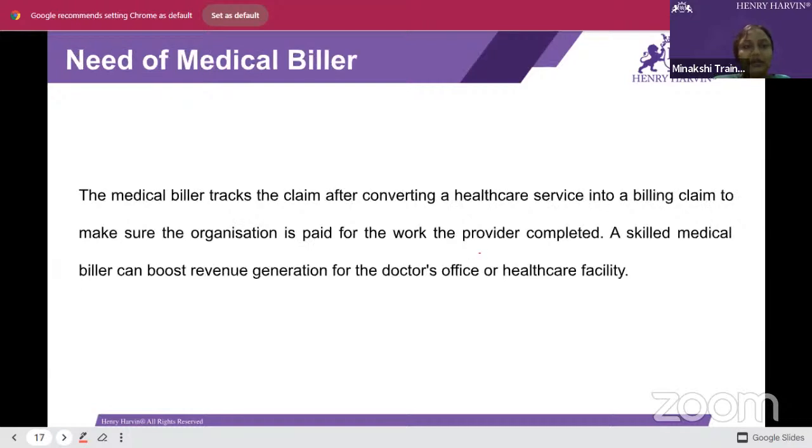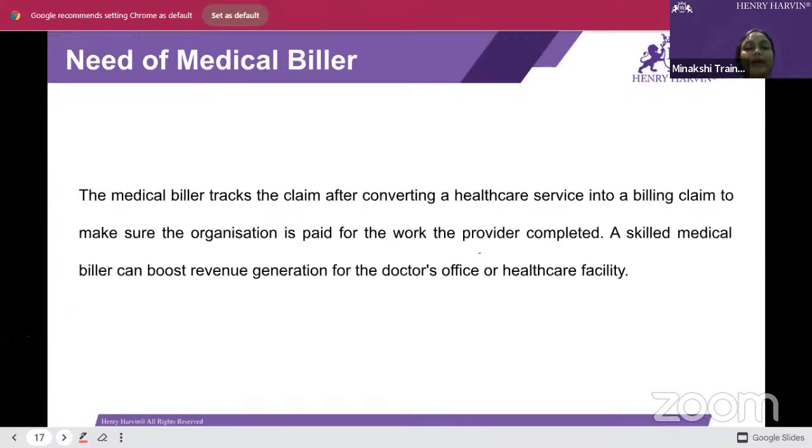Because the biller submits the converted codes to the insurance company, and after submitting, tracks all the claims to see whether the payment has been made to the particular physician, hospital, or patient. When the hospital side claims the insurance, the hospital gets the payment. But when the patient spends the amount and then claims the insurance, the patient gets the reimbursement. So this is the entire process.